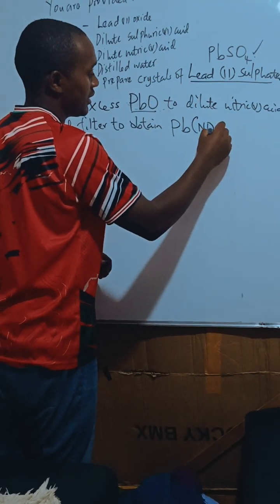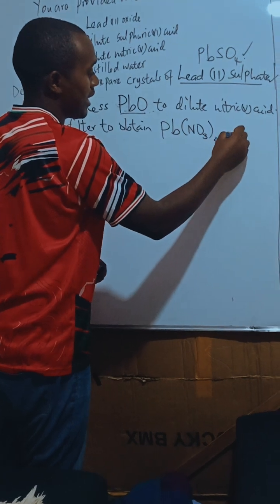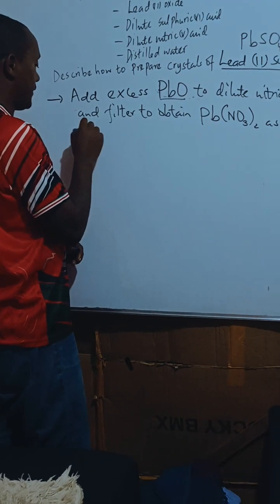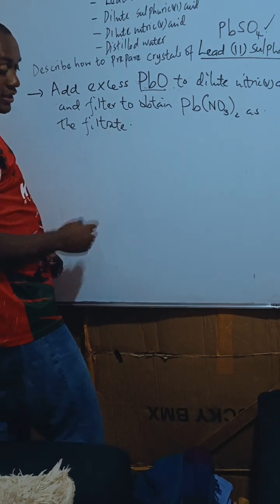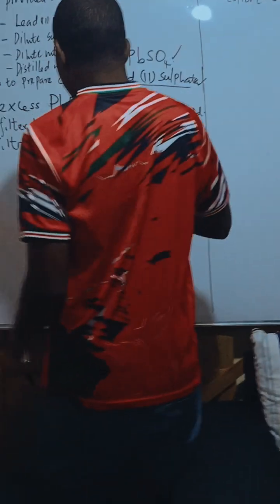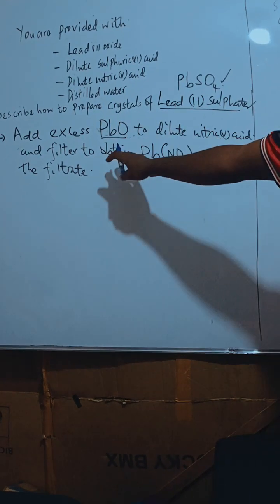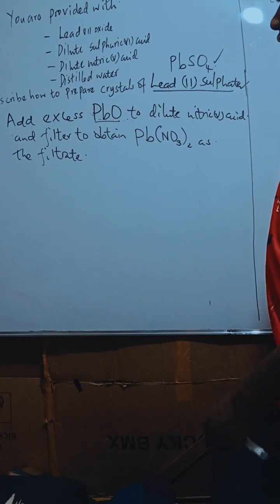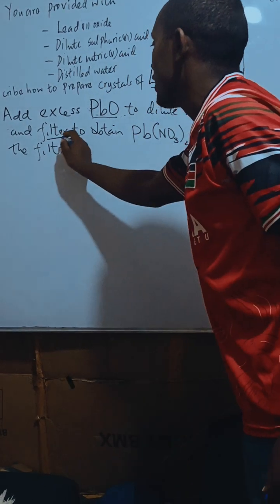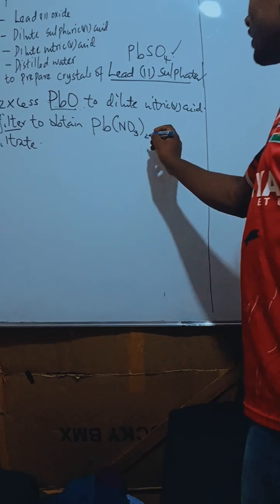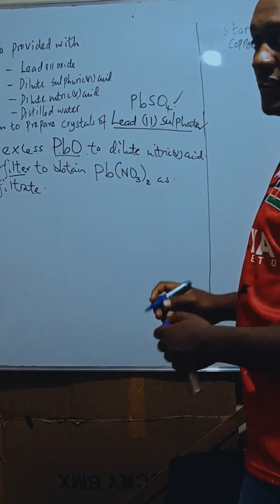Therefore, add excess lead 2 oxide to dilute nitric 5 acid and filter to obtain lead nitrate as the filtrate.